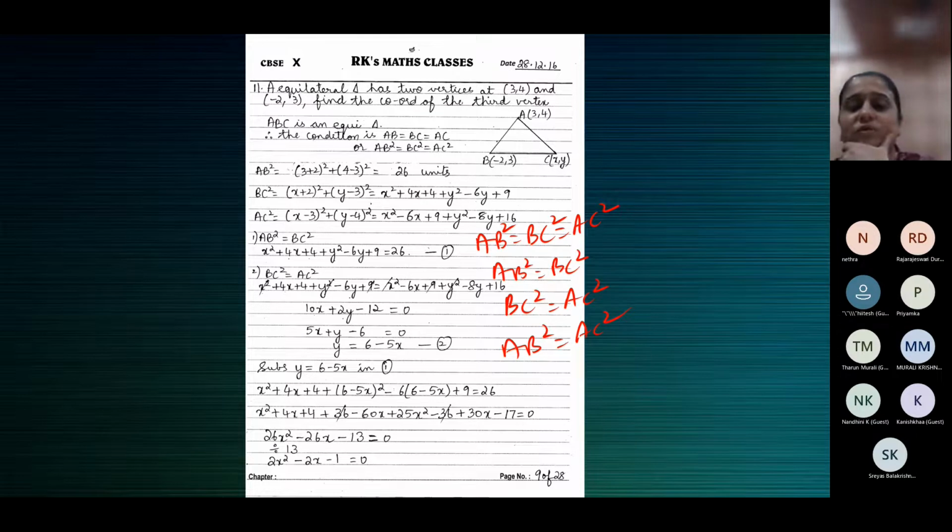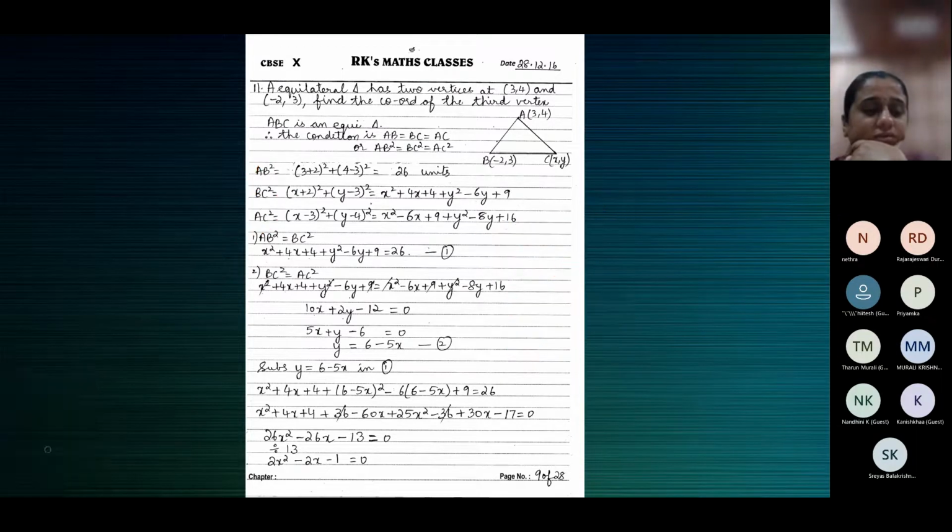Take any two. Just take any two. All right, so before we equate, we'll find what is AB square, what is BC square, what is AC square. We are given an equilateral triangle. Two coordinates are given to us. We need to find the third one. The third one is (x, y). And this is what we know about an equilateral triangle. All the three sides are equal.